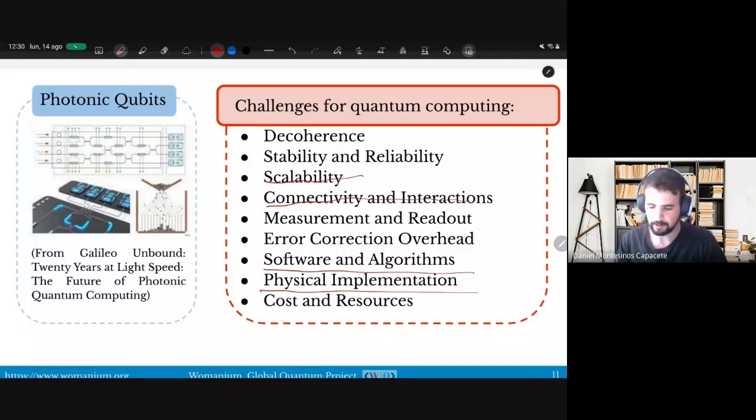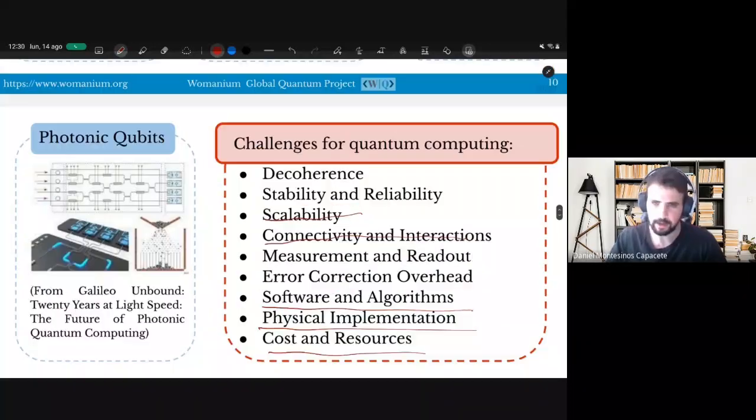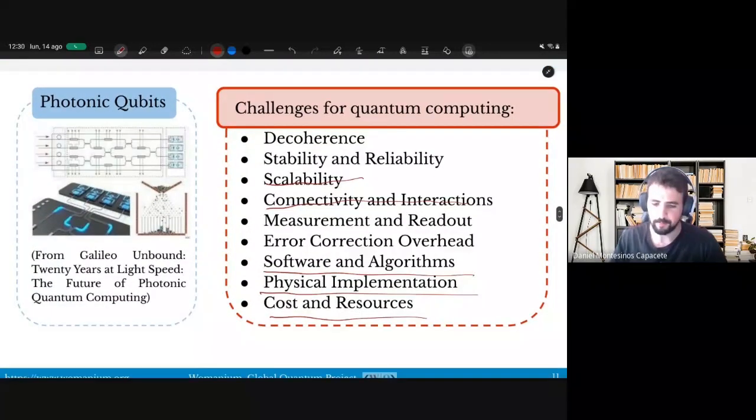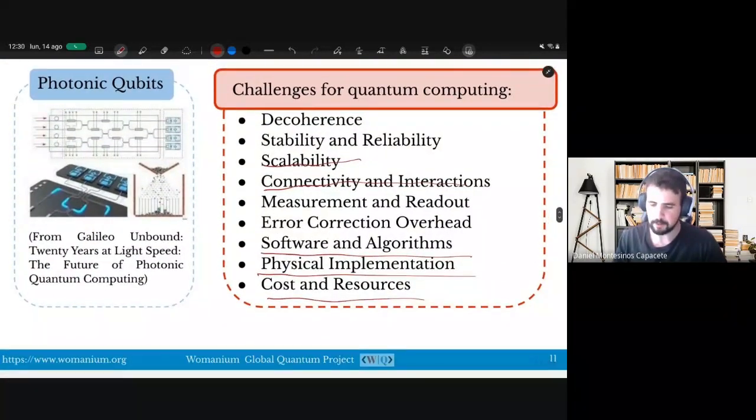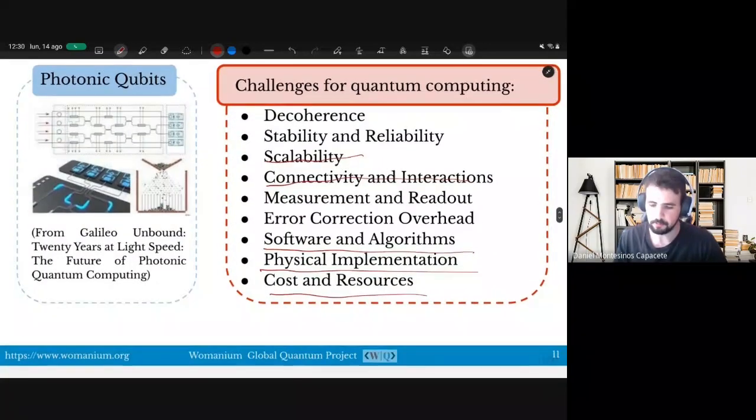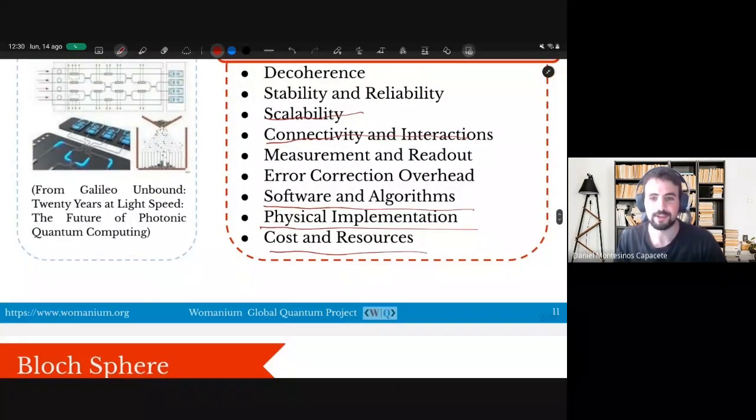Normally every kind of qubit is really expensive: the facilities and materials you need for the implementation are very expensive. So there are a lot of problems to solve, but there is a lot of research ongoing. Let's hope for the future.